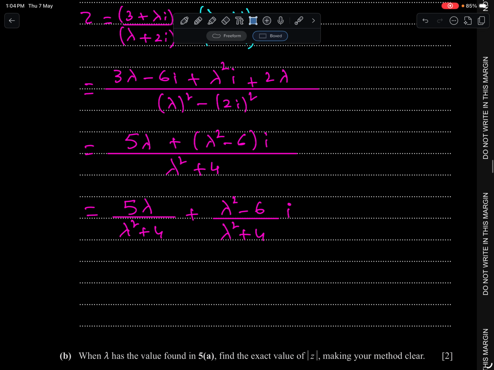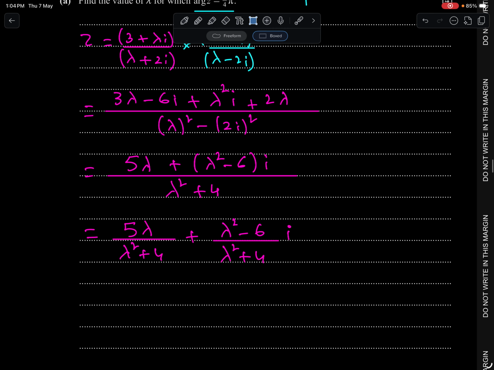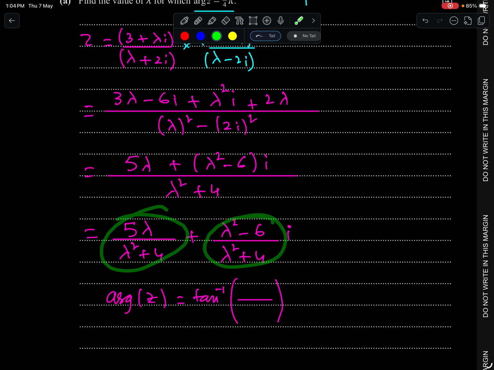Alright. Now we need argument z. Argument z, the formula is tan inverse imaginary component divided by real component. See, when you will divide this with this, the denominators will be cancelled. So we have lambda square minus 6 divided by 5 lambda.